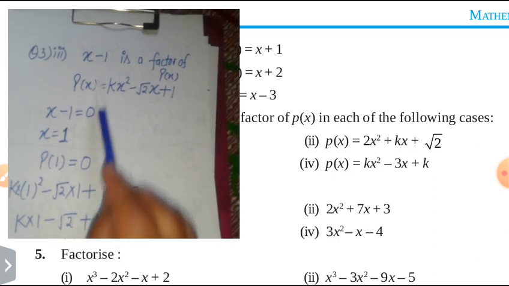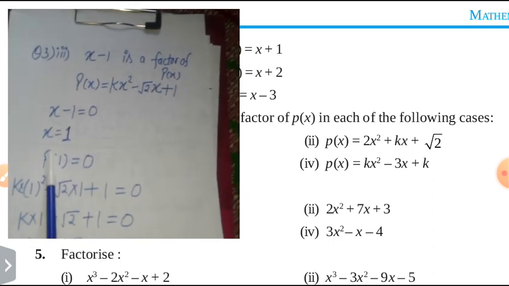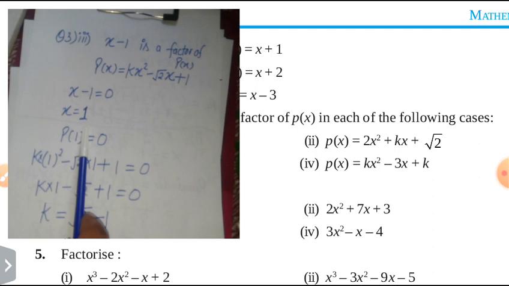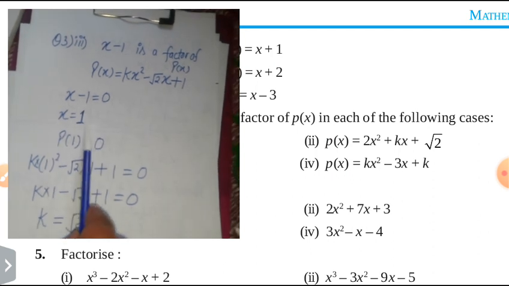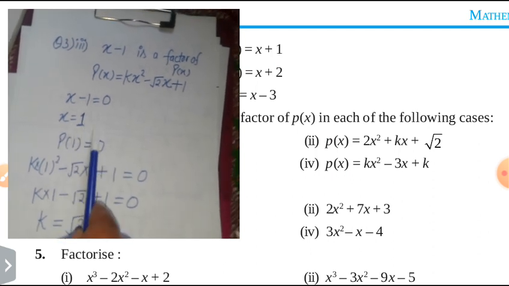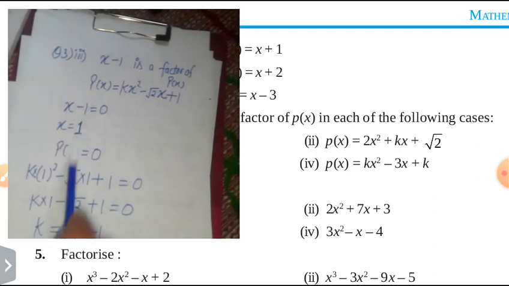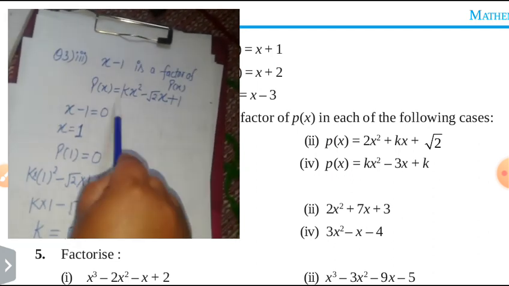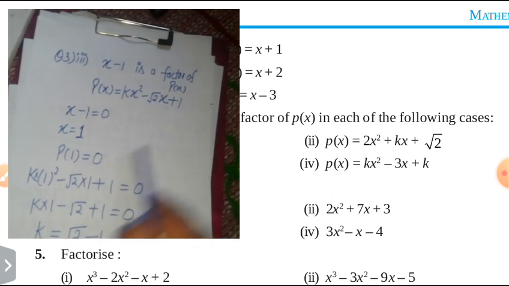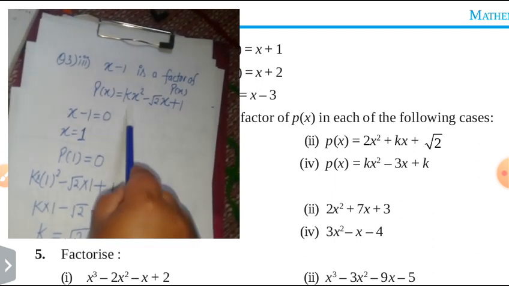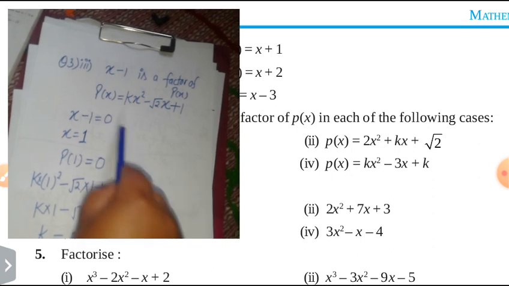So first you will put x minus 1 equal to 0, then x equal to 1, and you know that the zero is 1. If you find p1, in place of x you will put 1, the answer must be 0. So we will substitute p1 equal to 0. What will be the p1?